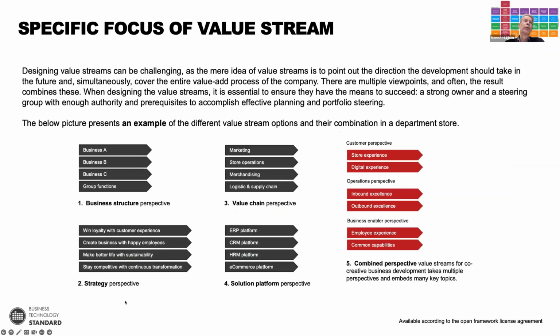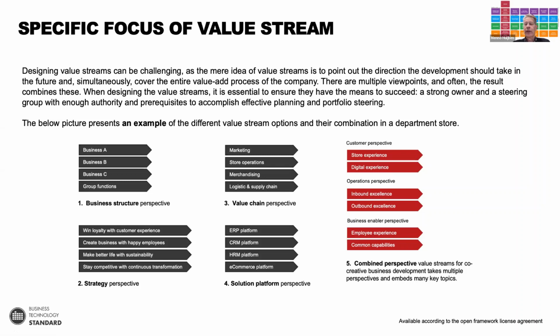Of course, the number 2 here is a very clear case where the value stream is fully connected to the business strategy. But in practice, it might be something like we have here an example of combined perspectives, like we took here an example of a department store where the customer's perspective, operations perspective, business enabler perspective are combined as value streams.